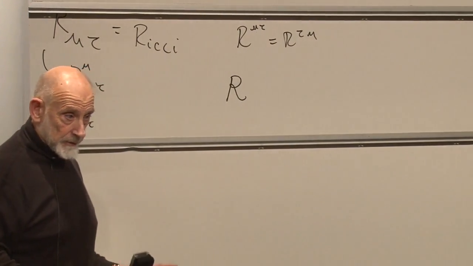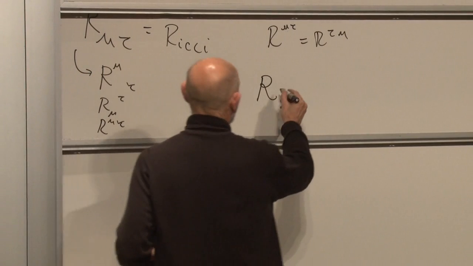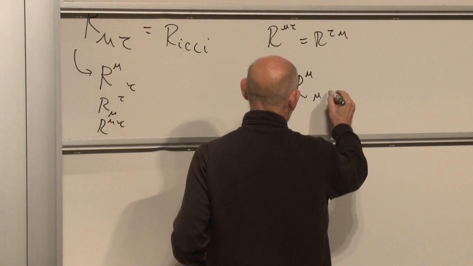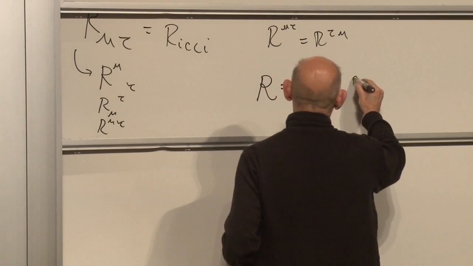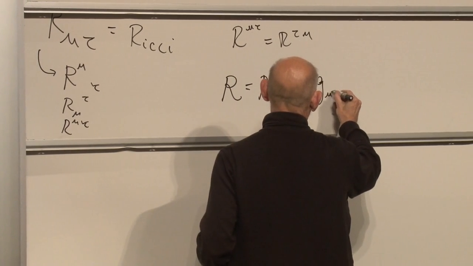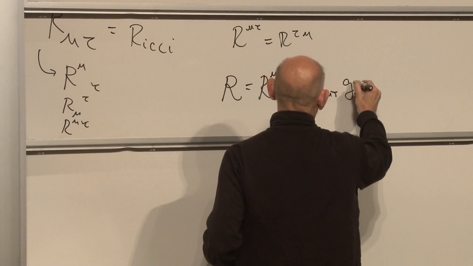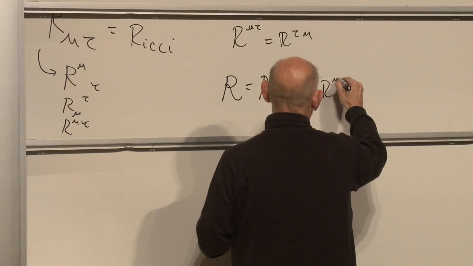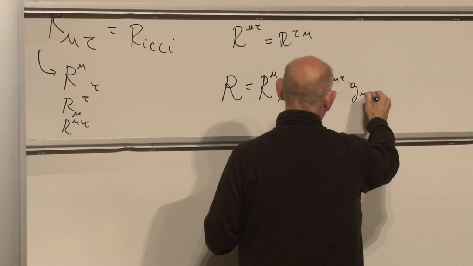It's a scalar. It's R mu mu, which is also equal to g mu tau times R mu tau.